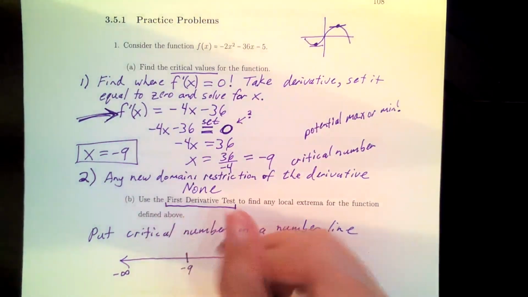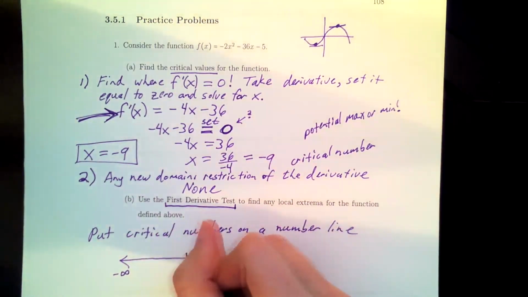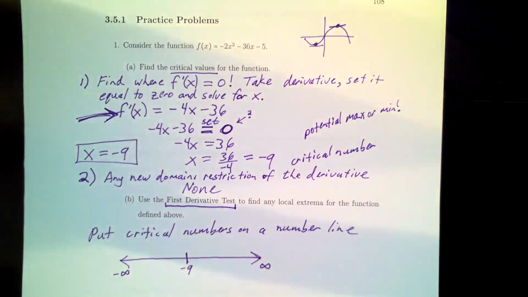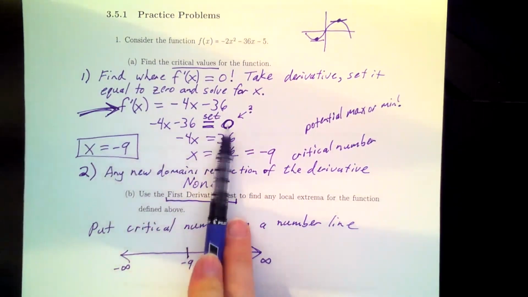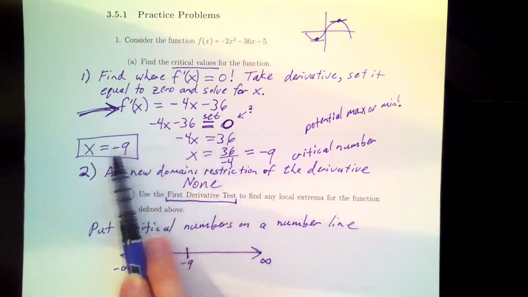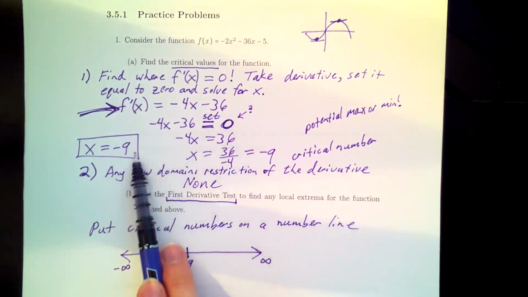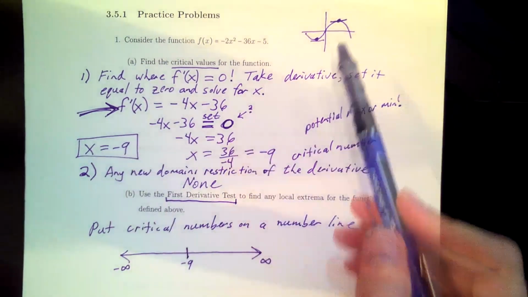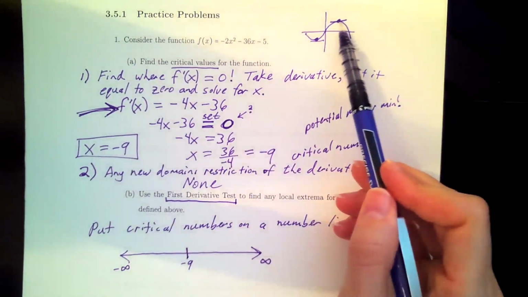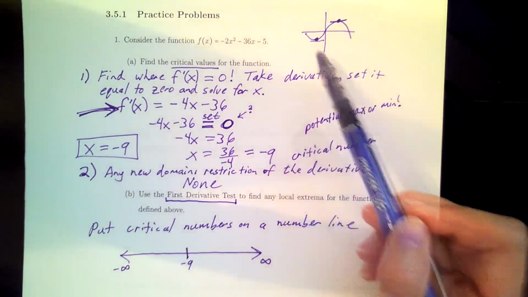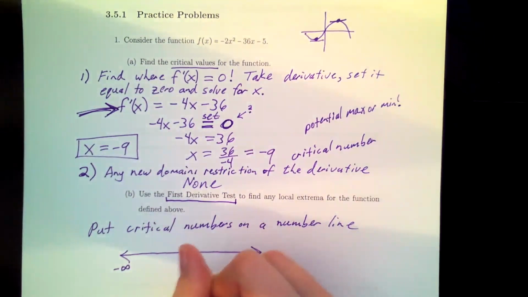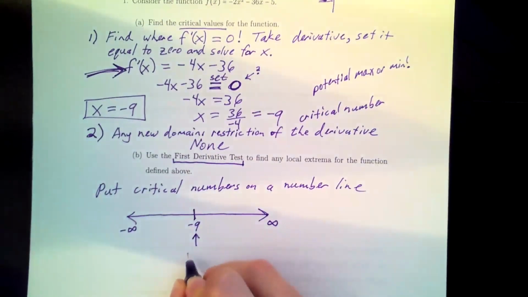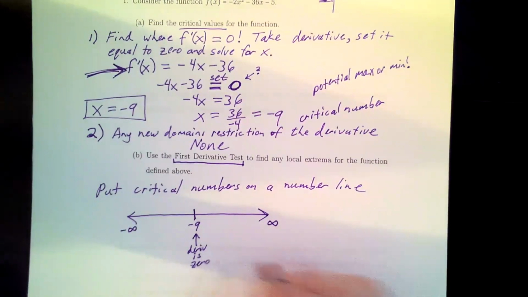Now this you can kind of denote by an open circle. This is a break. So at x equals -9, we know my derivative is 0, right? We set the derivative equal to 0 to get -9. So we know that the tangent line is horizontal at x equals -9. I'm just going to make a note, not that this is required, that the derivative is 0 at this guy.